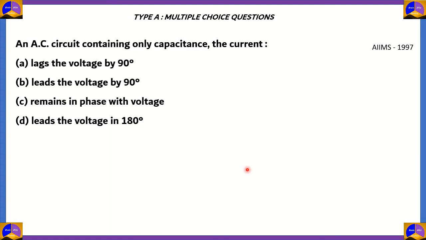An AC circuit containing only capacitance. In this case, the current lags the voltage by 90 degrees, leads the voltage by 90 degrees, remains in phase with voltage, leads the voltage by 180 degrees. So how do we solve this question?